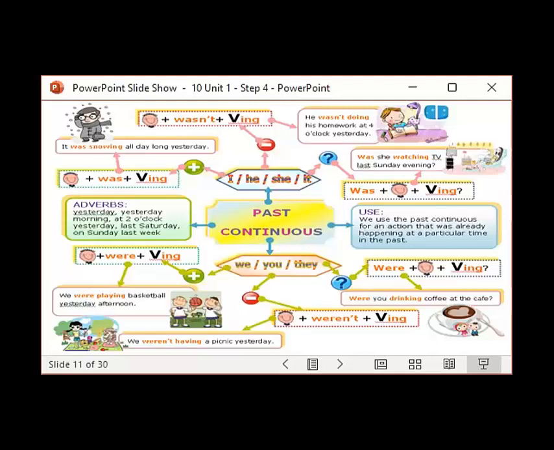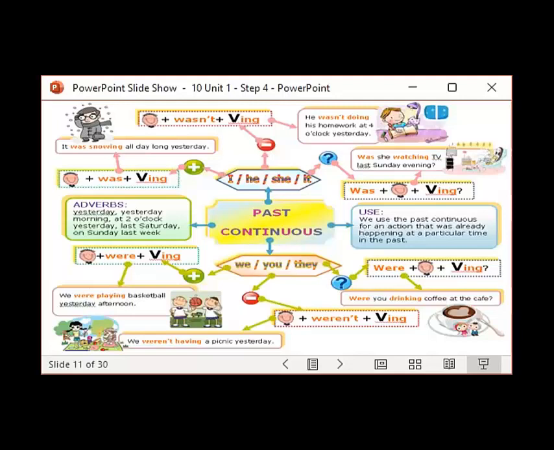We use the past continuous for an action that was already happening at a particular time in the past.